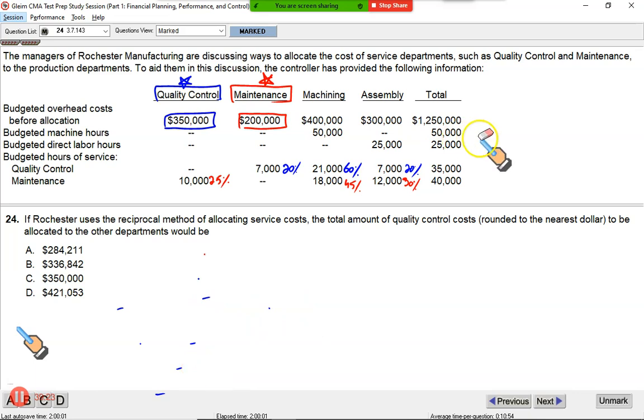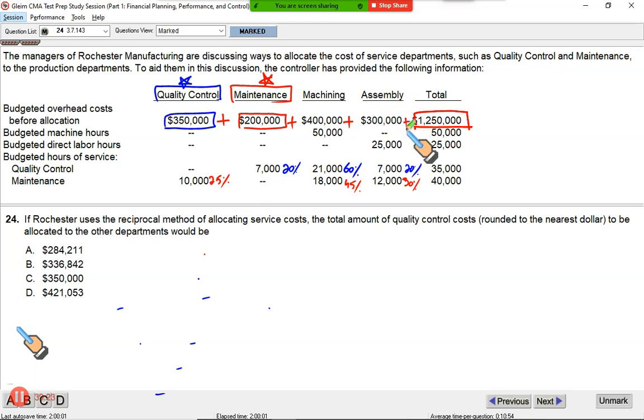You must note that the total cost is 1.25 million, which is 350,000 from quality, 200,000 from maintenance, 400,000 from machining, and 300,000 from assembly.